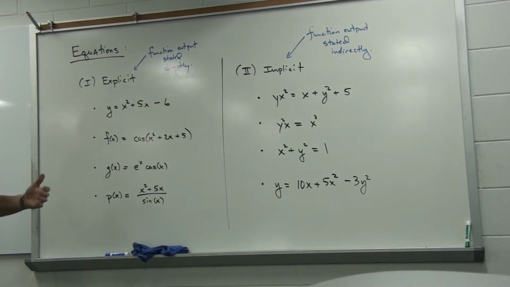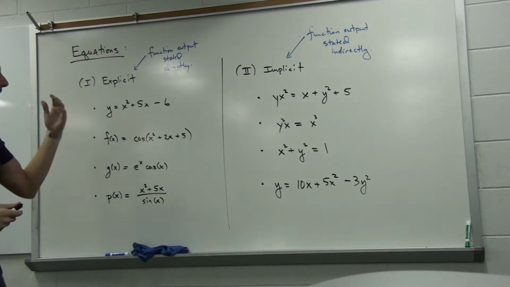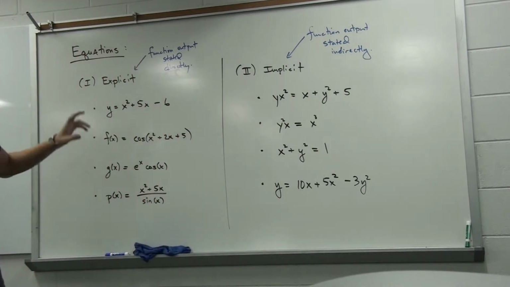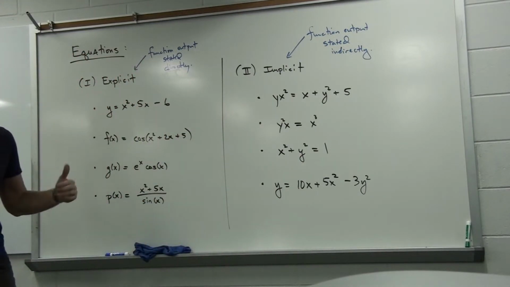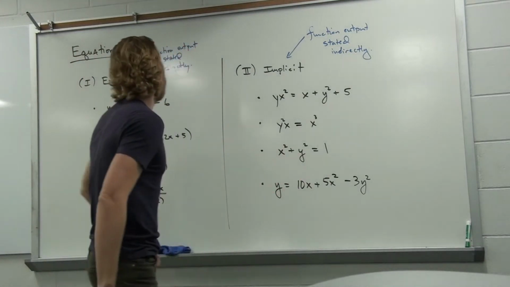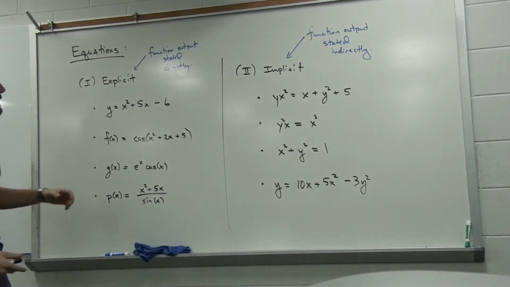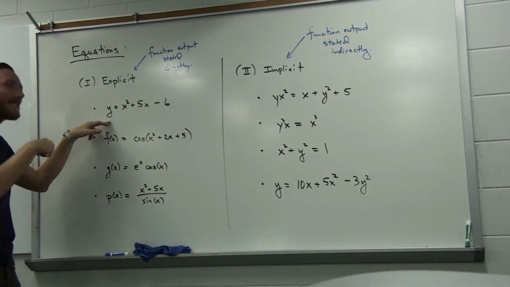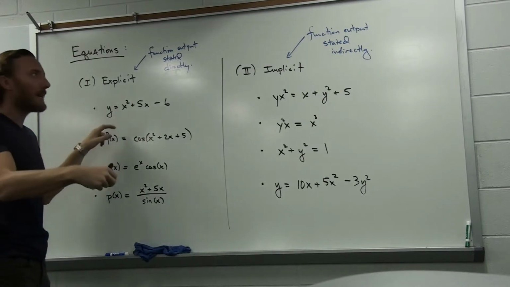So here's the thing. Functions can be phrased explicitly, functions can be phrased implicitly. And again, the difference is whether the function output, the y, is stated exactly, or stated in a roundabout way. The easiest way to see this is if your y is isolated on one side: y equals this.